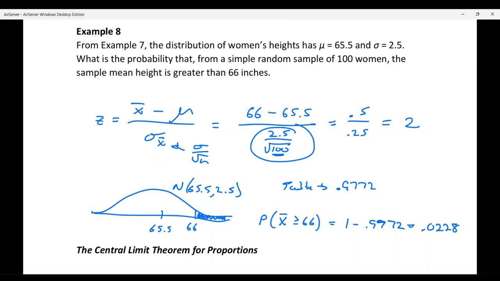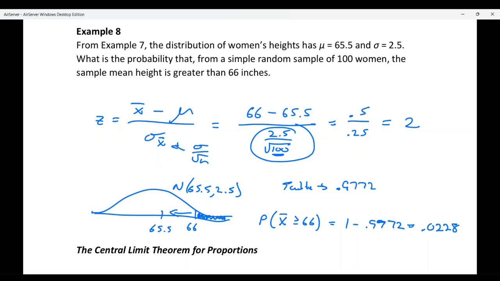So the idea is that as the sample size gets larger and larger, we would expect a much smaller percentage because we would expect far fewer anomalies. In this case, if 66 is not 65 and a half, it's not the mean of all women in the United States. So as that sample size gets larger and larger, I'm expecting the mean of my sample to get closer and closer to 65.5.